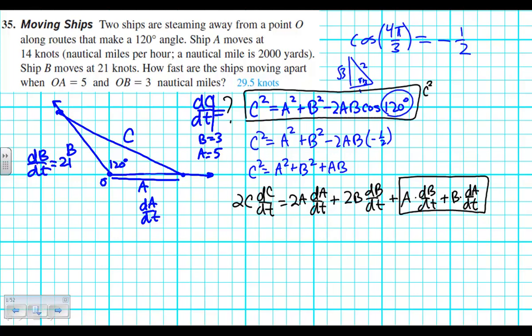C squared is equal to 5 squared plus 3 squared minus 2 times 5 times 3, and then we've already found out that the cosine of 120 is negative 1/2. So we could have used that c squared, a squared, plus ab, right?